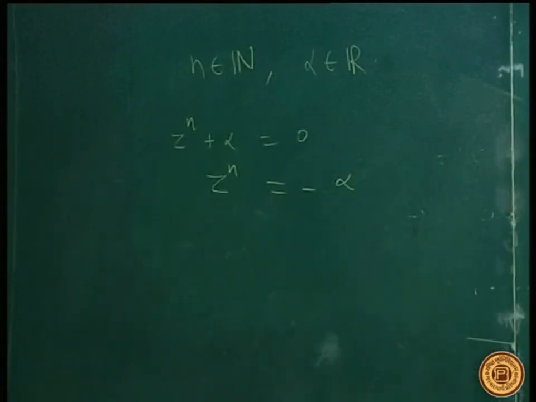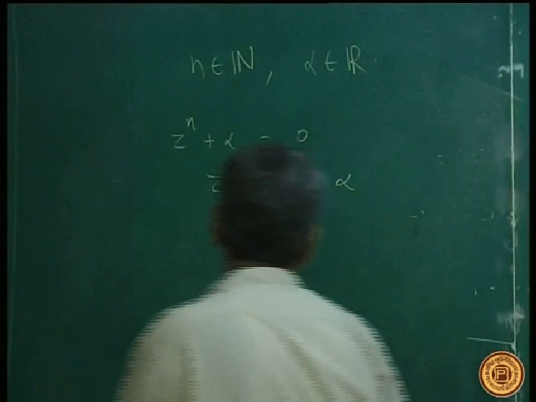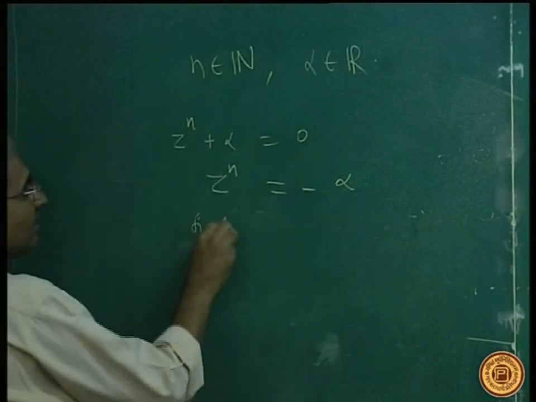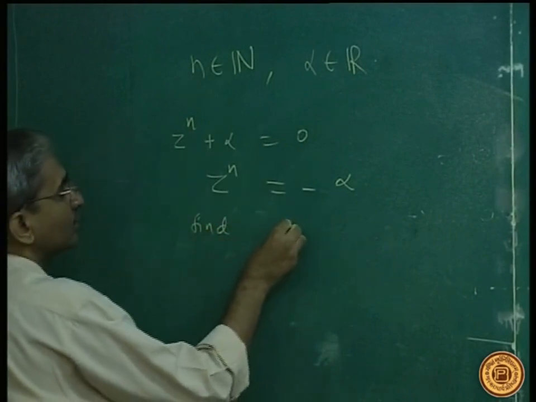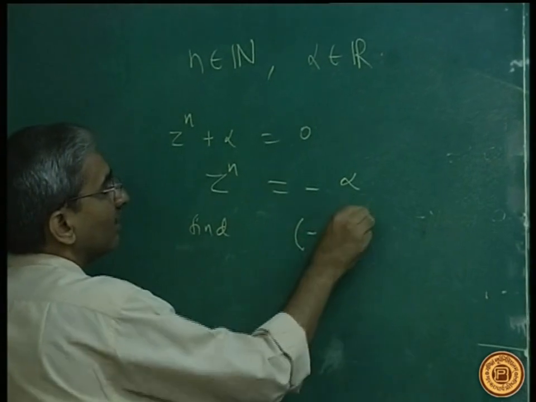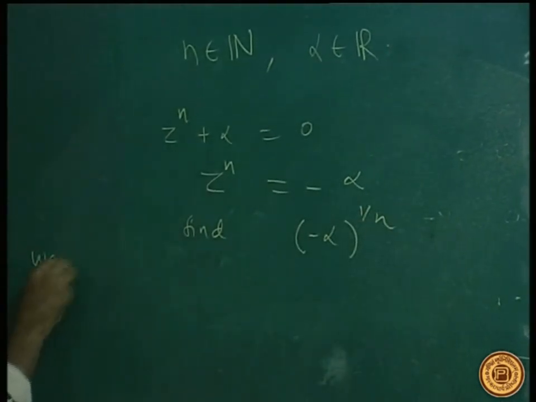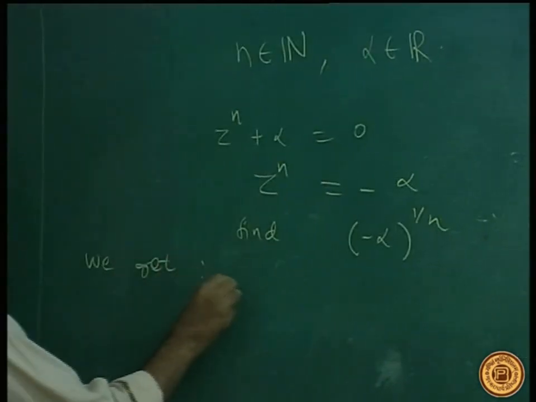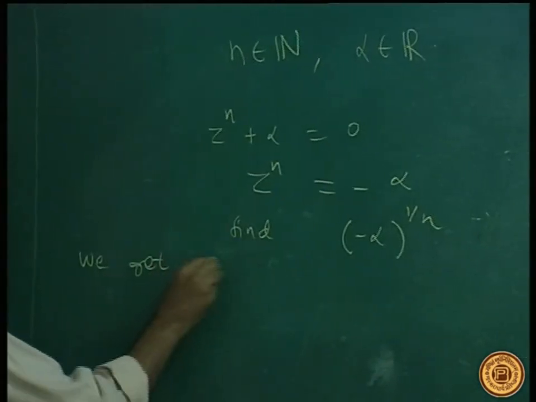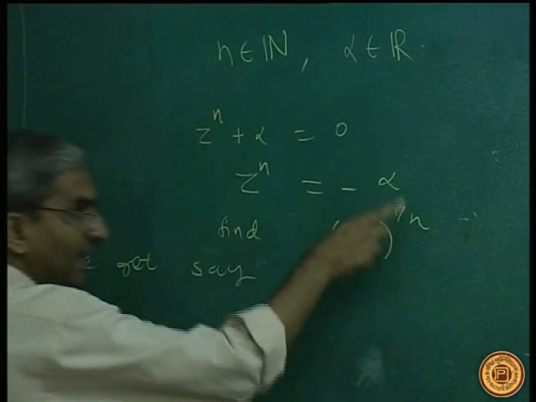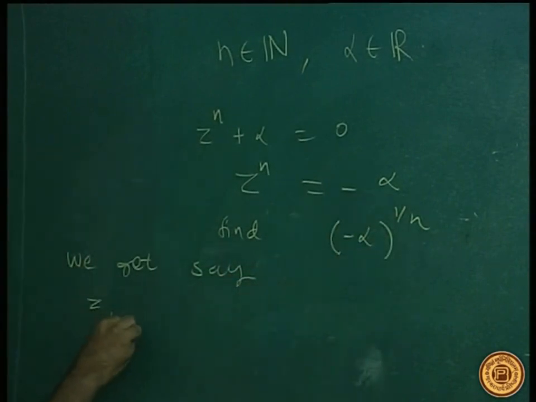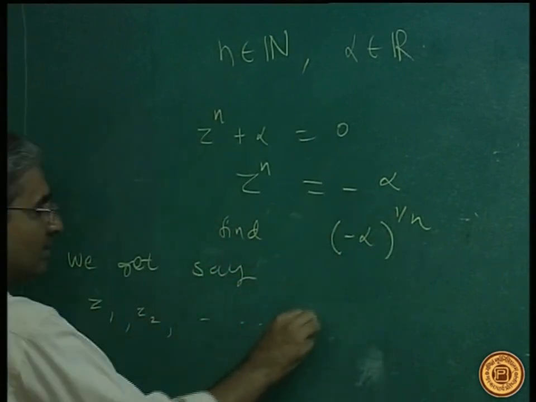Finding nth roots of minus alpha. So find the n nth roots, z1, z2, ..., zn suppose.